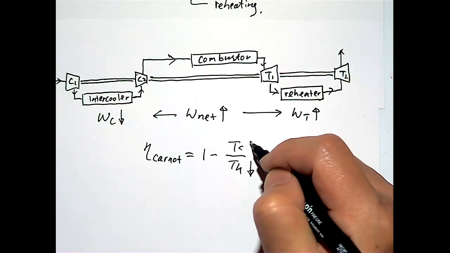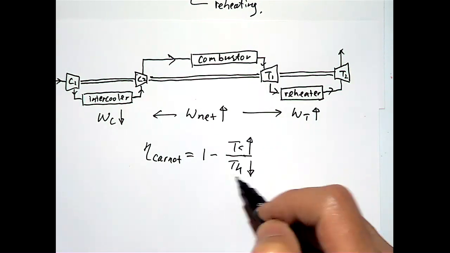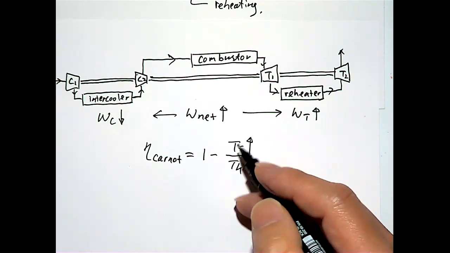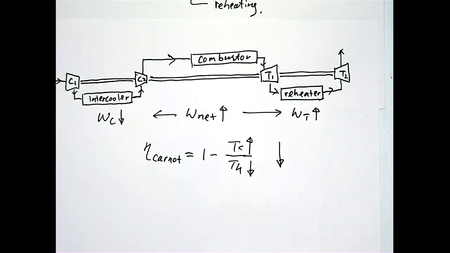So in this case, the temperature at the cold reservoir is going up. If you do any one of these, you will drop the efficiency, but if you do two, then it will definitely drop the overall efficiency of the cycle.